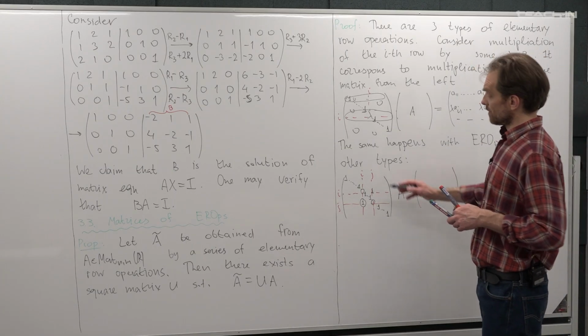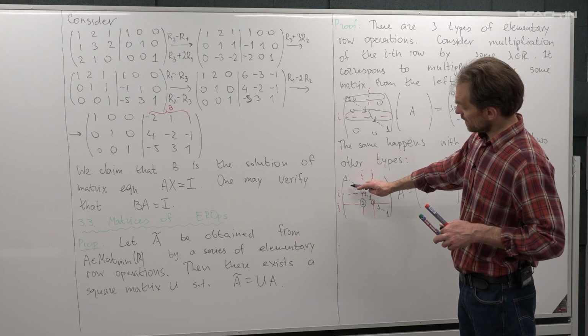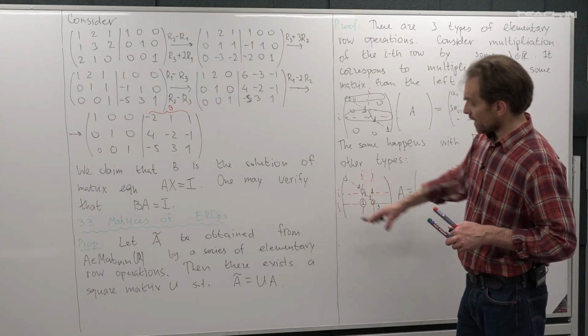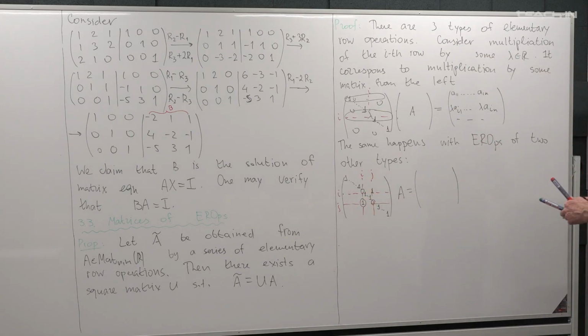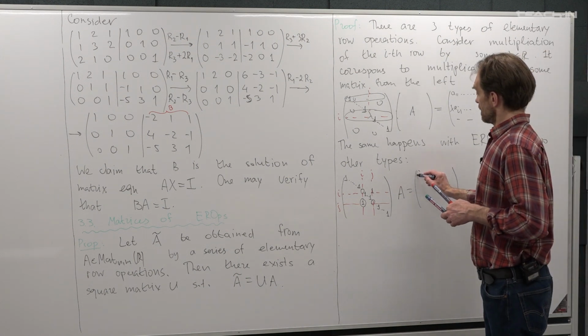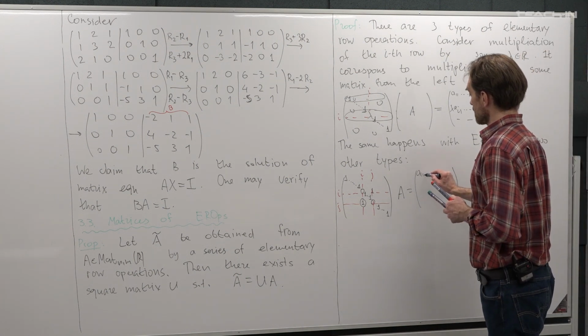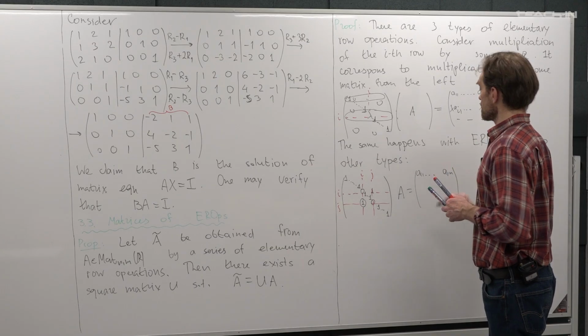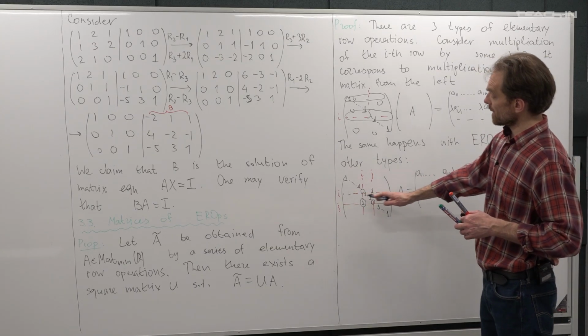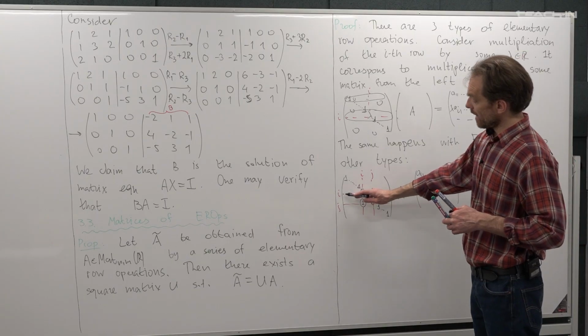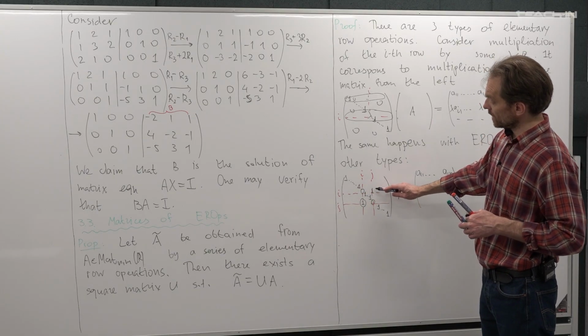Nothing happens when I consider rows that are different from the ith and the jth rows, and so I'm going to get A_11, etc., A_1n here. And what happens if I take the ith row here? I have the only non-zero element on the jth position here.